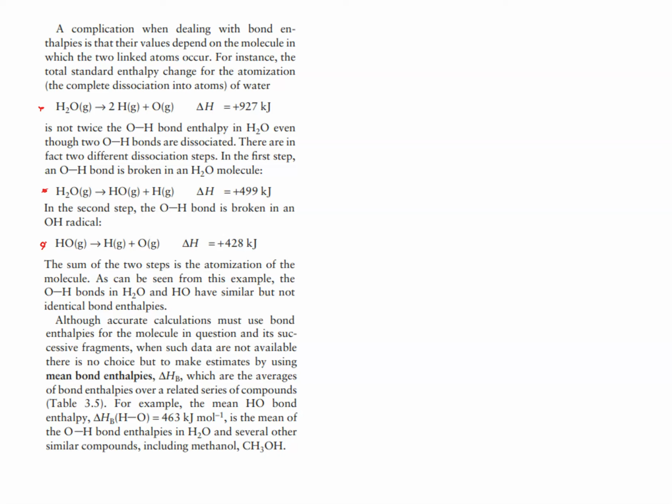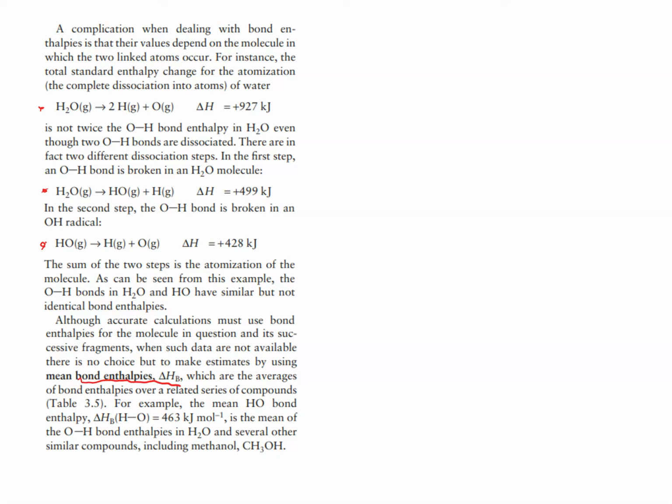As can be seen from this example, the OH bonds in water and HO have similar but not identical bond enthalpies. Although accurate calculations must use bond enthalpies for the molecule in question and successive fragments, when such data are not available, there's no choice but to make estimates by using mean bond enthalpies.